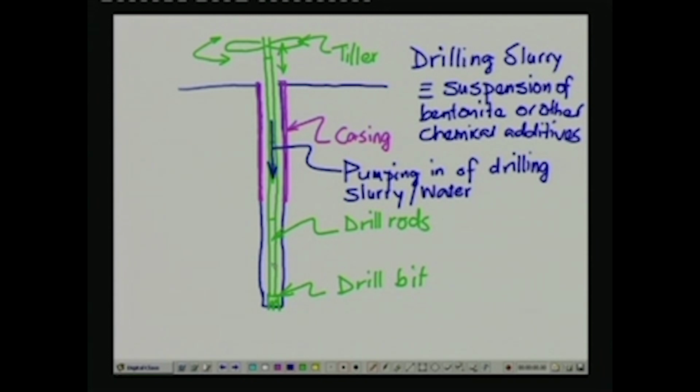So, this drilling slurry actually flushes through the tip of the drill bit, and that jetting action actually scours the soil in this area, and the scouring action together with the action of tiller and the up and down motion of the drill stem, that actually dislodges the particles from near the bottom of the borehole, and it gets mobilized and comes to the surface, it gets flushed to the surface along with the drilling mud.